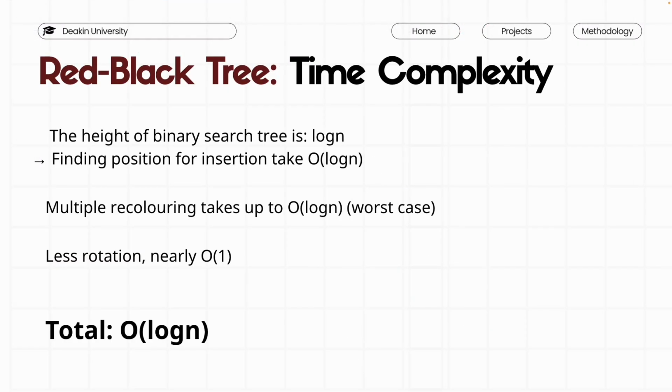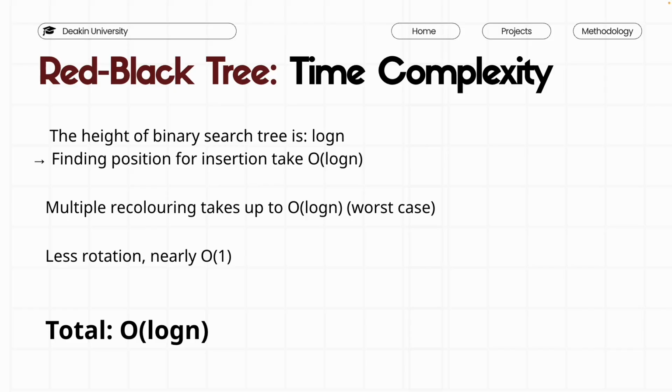The next part is a time complexity analysis of the insertion method of the red black tree. As we all know, the height of the binary search tree is log n. So the time complexity to find the position to insert a node takes O(log n).